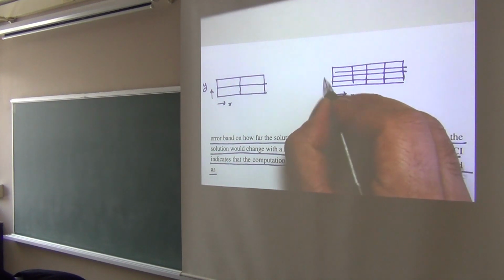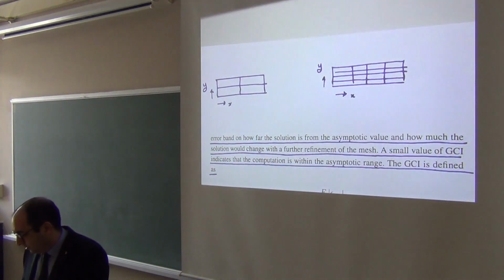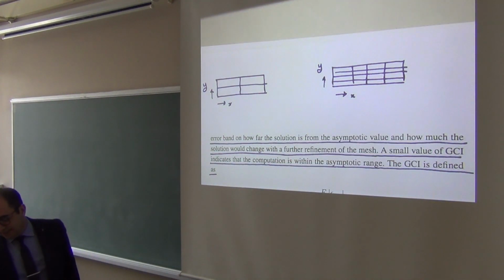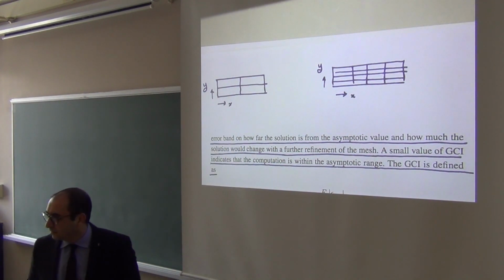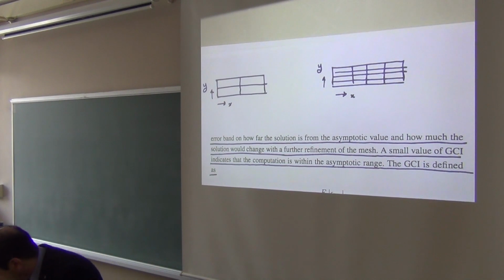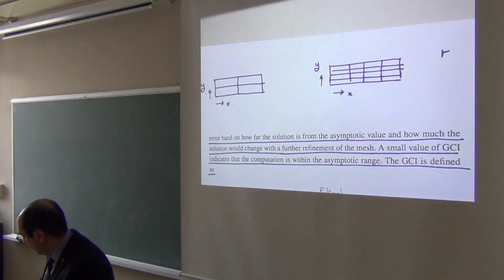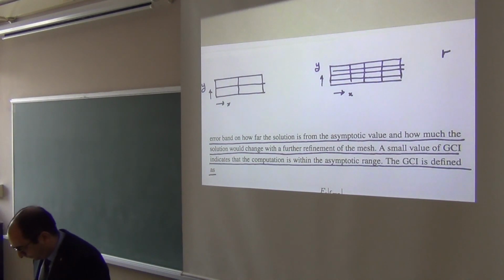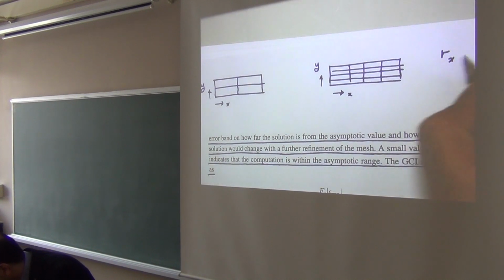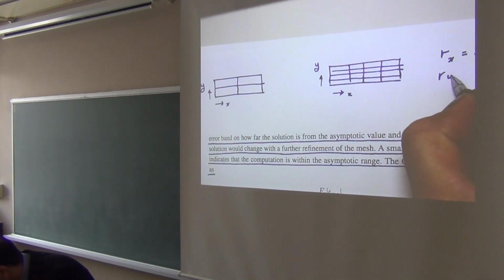So now the refinement ratio in both x and y directions is 2. Agreed? So R, by definition, is 2. Let's say Rx is 2, Ry is also 2.